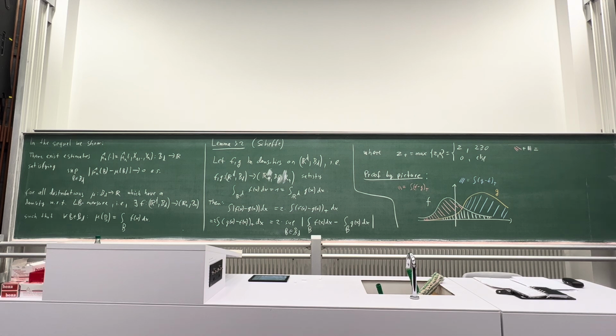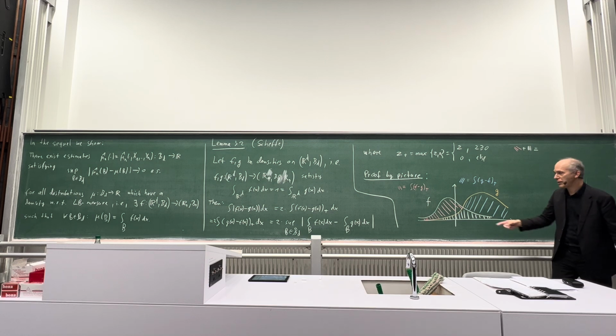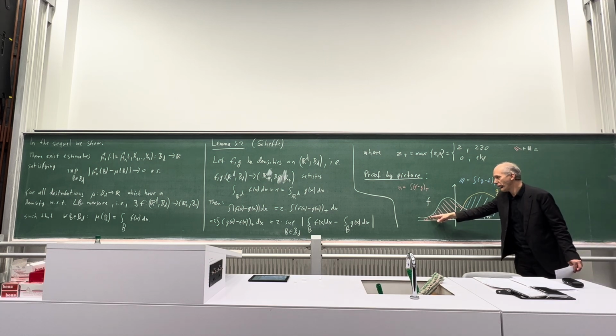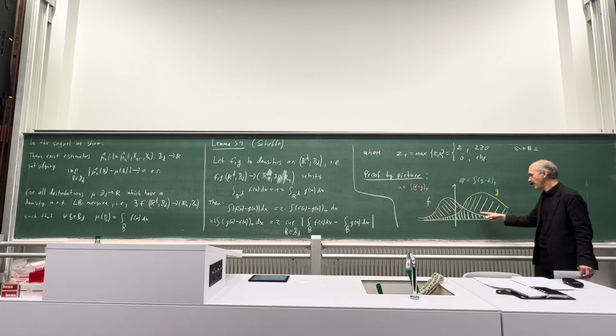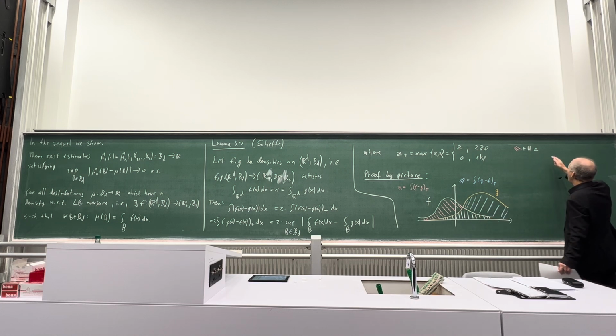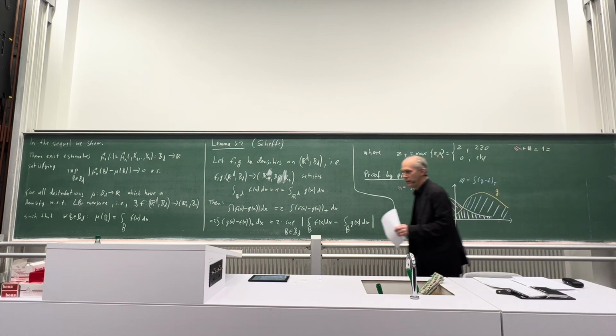It's 1 by definition. It's 1 by definition because? Because f is a density. This is the area between f and the x-axis. So that's 1. And then, of course, the same argument holds for g.